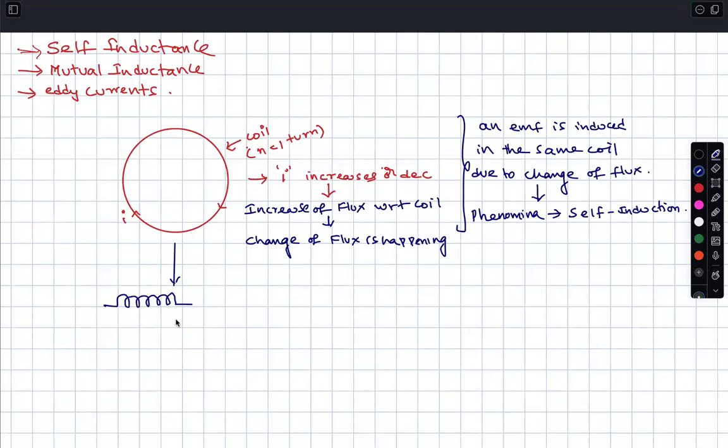Spring-like structure. This is called an inductor. Resistor, inductor. Inductance is a property. Inductor is the name of the element. Resistance is the property. Resistor is the name of the element.